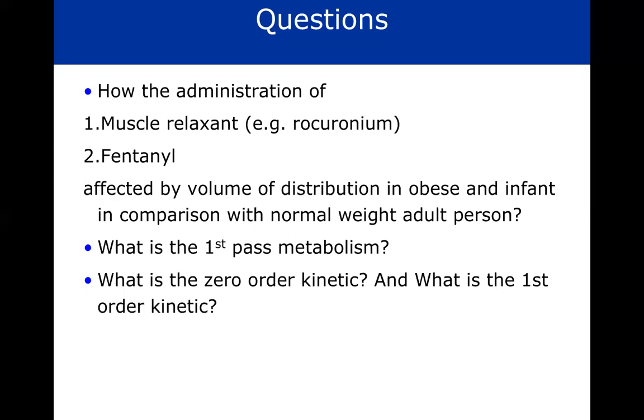How is the administration of muscle relaxants like rocuronium, and fentanyl, affected by volume of distribution in obese and infant in comparison with a normal weight adult person? What's the first pass metabolism? What's the zero order kinetics? And what's the first order kinetics? All these questions will be answered at the end of this presentation. And if any of these questions are not answered, please allow me to answer them.